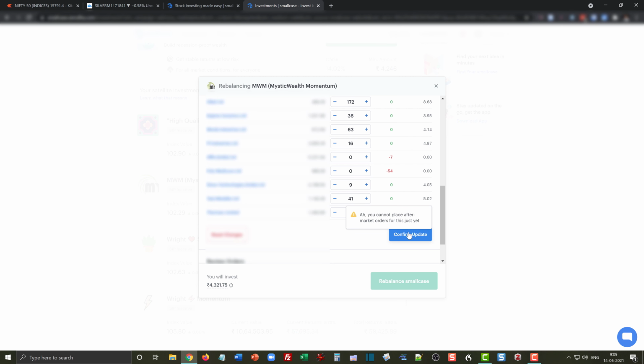But you see what happens is that you cannot place after-market orders for this just yet. The market is due to open in the next few minutes, and then we can go ahead and process this update. That is a limitation of smallcase orders, that you cannot do AMO orders for rebalance because they involve buy and sell orders.